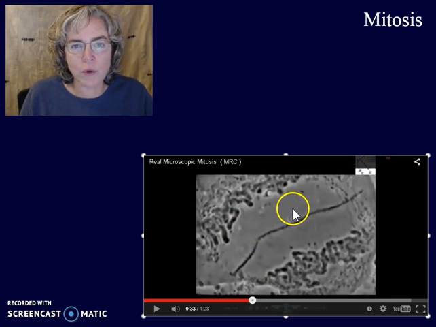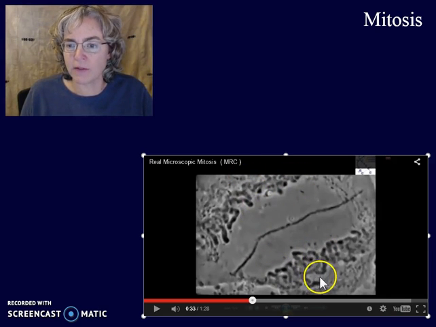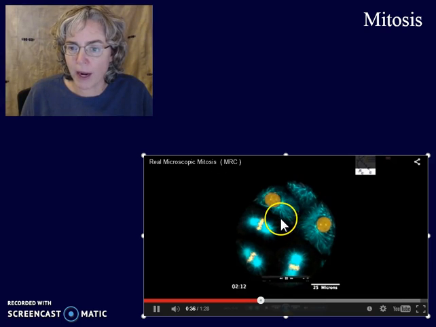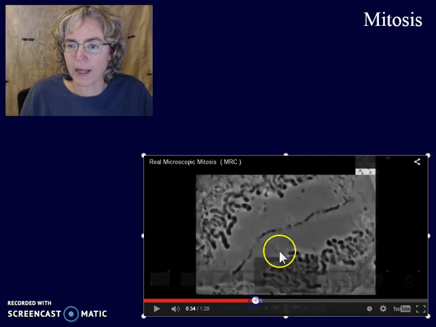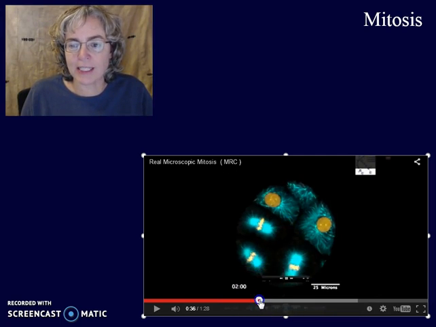So the sister chromatids that are now separated have now become daughter chromosomes, are now at opposite ends of the cell at different poles. And you'll start to see that the nuclear membrane started to, let's go back a little bit, started to cover up these chromosomes so that you can't see them.